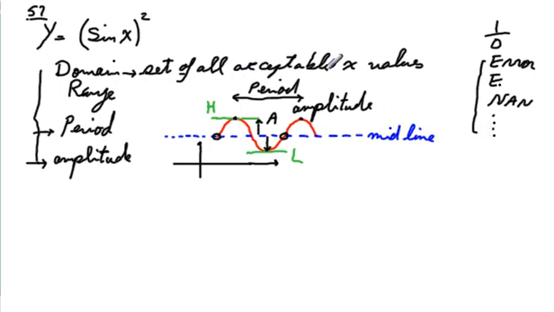So all x's for which we are going to get an ordinary number out of our operation, we call the domain. Okay, what about range? If you take all of these x's, throw them to your function, and collect all the y's that come out of it, the description of all those y's is the description of your range. So it is the set of all y values that comes out of your function.